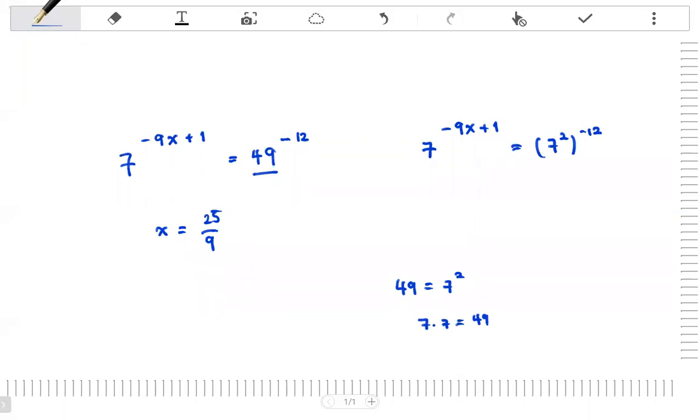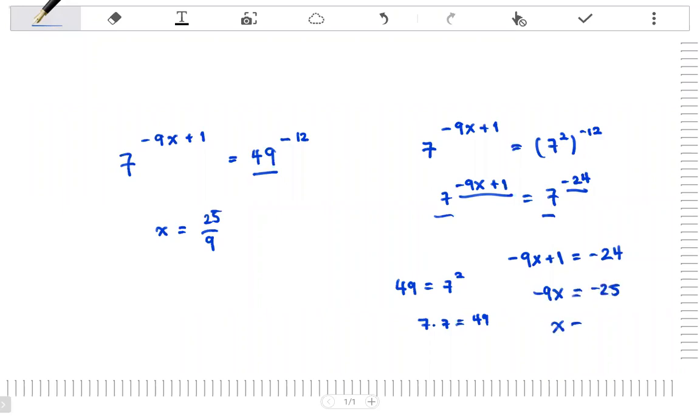Our multiplication rule tells us that 7 to the negative 9x plus 1 is equal to 7 to the negative 24. And since we have the same base, we can set the exponents equal to each other. Negative 9x plus 1 equals negative 24. And just solve for x. If we do that, we get x equals 25 over 9. So 25 over 9 is correct.